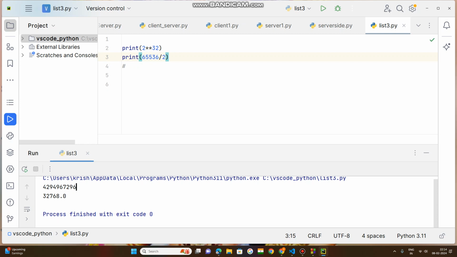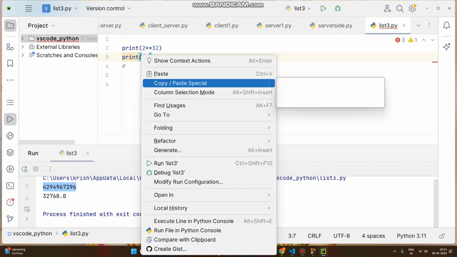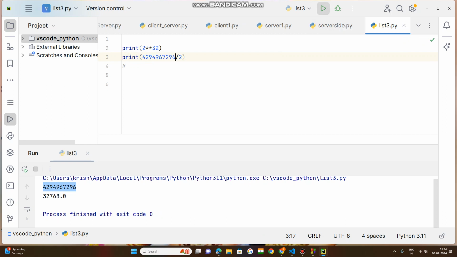If you divide this number, copy it and paste it here, then run this code, you get 214 crores, 74 lakh, 83,000, from the positive side to the negative side. You need to understand it like this.